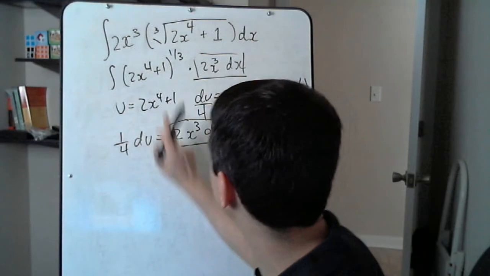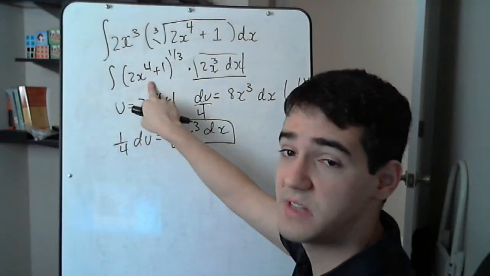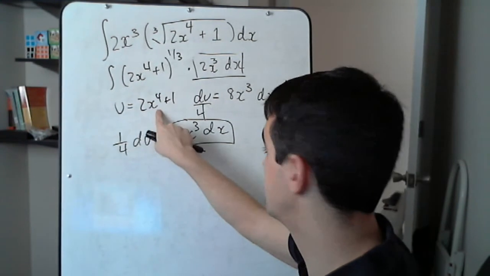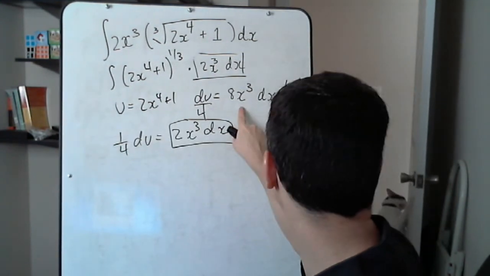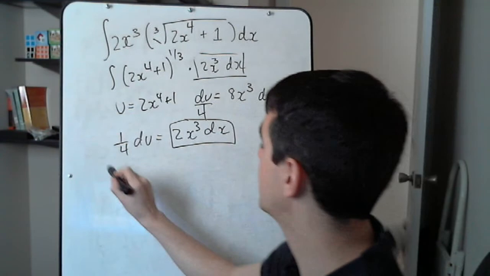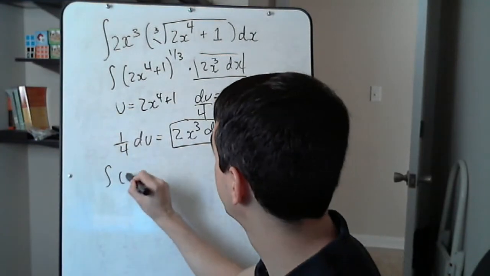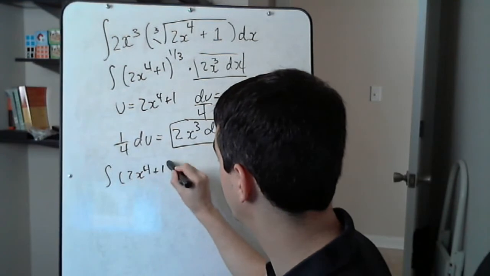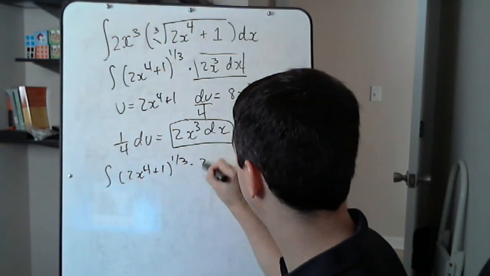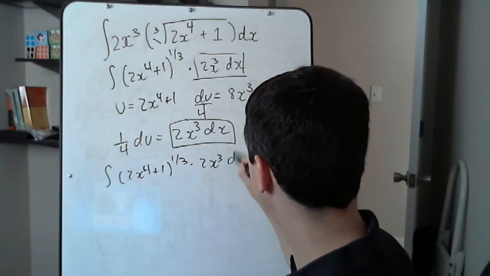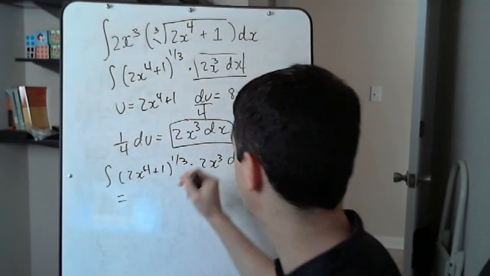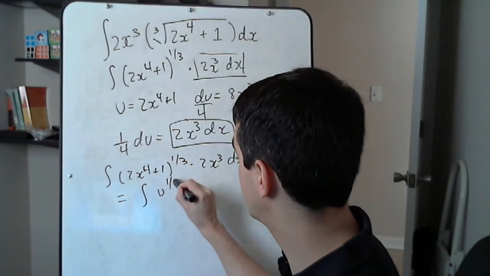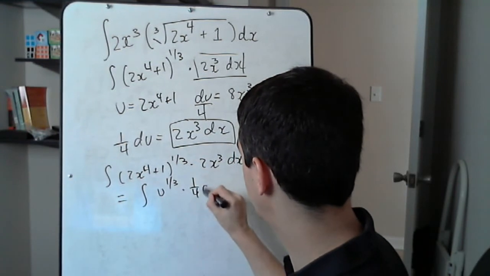So this is now u, because we were able to choose this function for u and then take its derivative. So then this integral, 2x to the fourth plus 1 to the 1/3 times 2x cubed dx, is now going to be the integral of u to the 1/3 times 1/4 du.